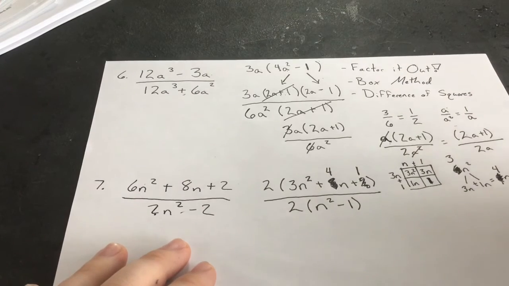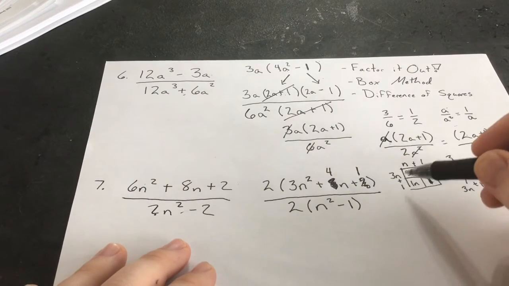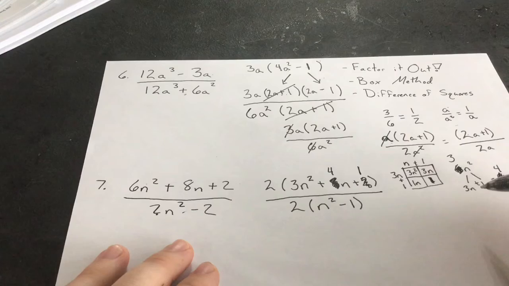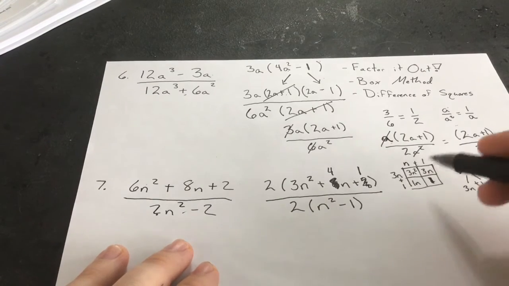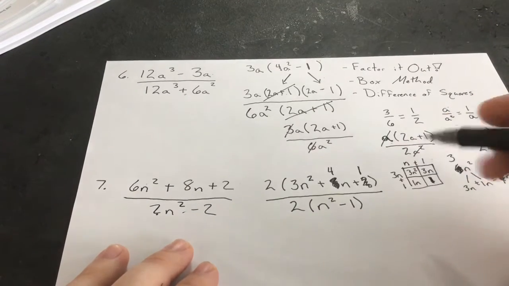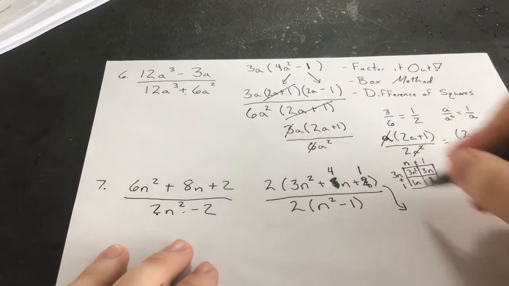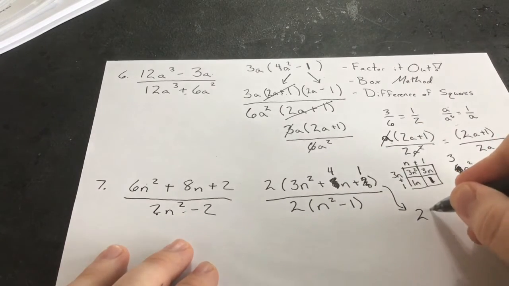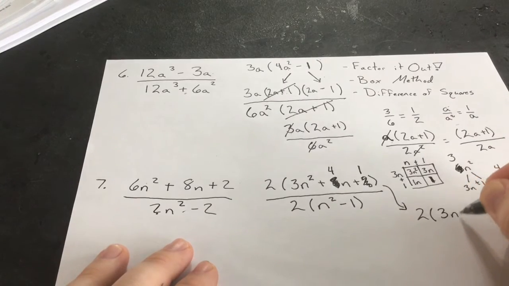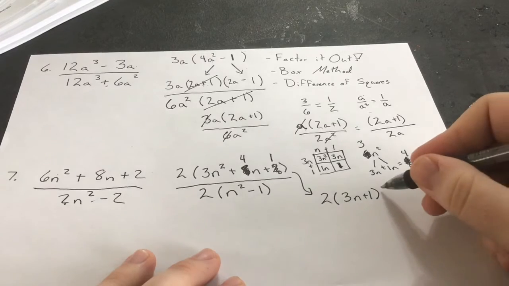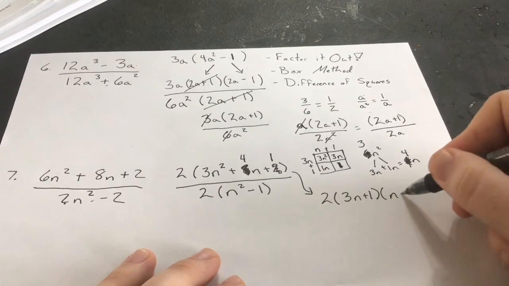So we end up having 3n plus 1 and n plus 1 as our binomial factors of this numerator. So the numerator, after box methoding the polynomial that was left over, gives us 2 times 3n plus 1 times n plus 1.